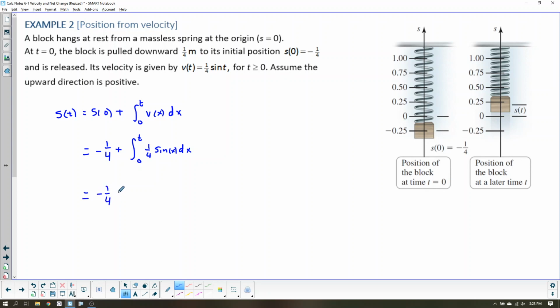So we have -1/4 plus antiderivative again is -1/4 cosine of x dx. Oops, sorry, I don't need that. We are evaluating that at 0 and t. All right, so here we got to be careful with our signs. I'm going to keep the negative 1/4 on the outside. Plug in t first.